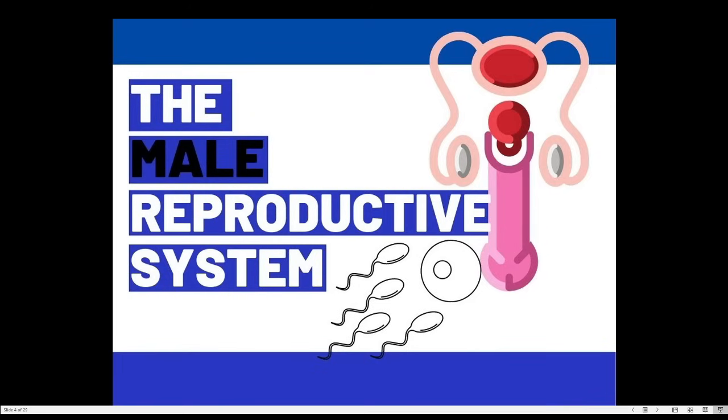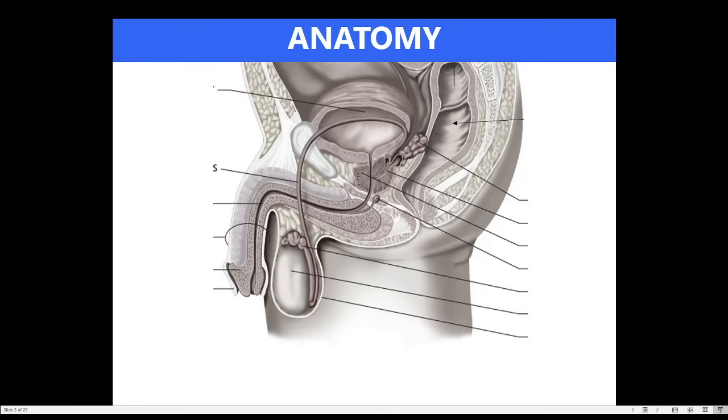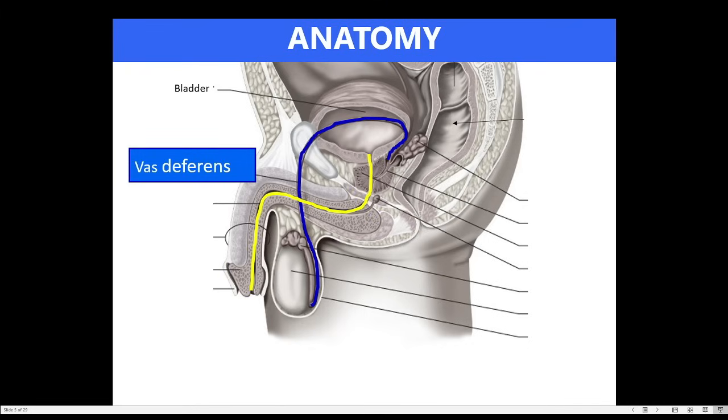Let's start with the male reproductive system. On your screen, you can see the different parts of the male reproductive system. So first, this tube colored in blue is called the vas deferens. This passage highlighted in yellow is called the urethra.